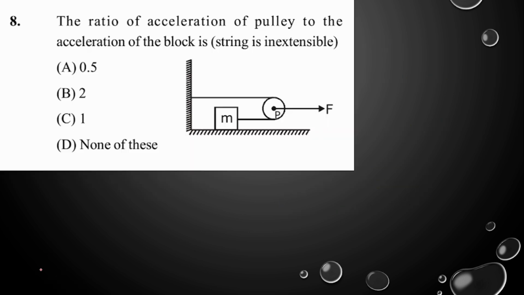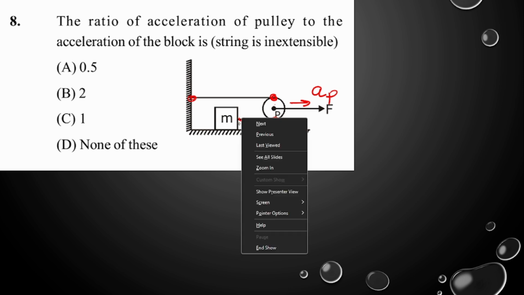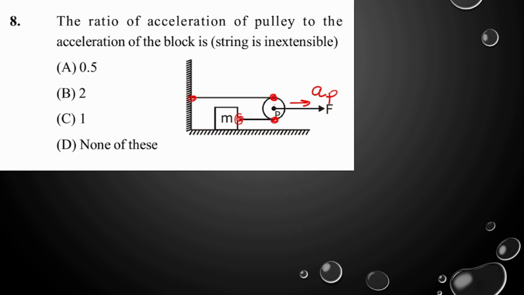Okay, the ratio of acceleration of pulley to the acceleration of block. First of all, let us consider that the acceleration of this pulley is AP. Pointing out 1, 2, 3, 4.